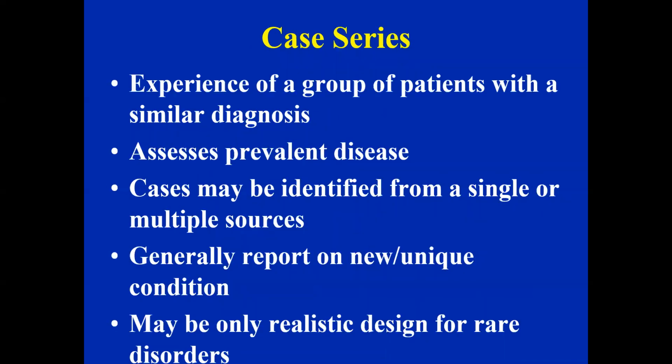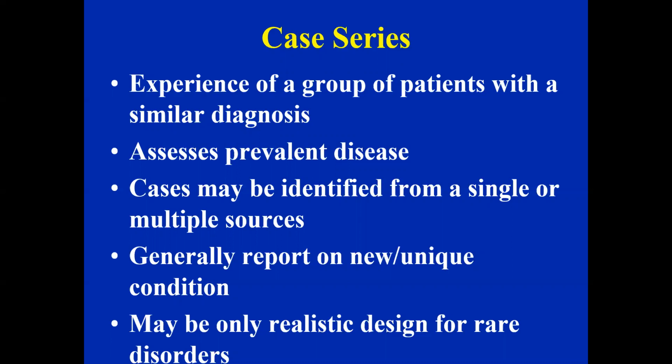Then from case reports, you go to case series. By case series, it means now you have more cases coming. So a case series is the experience of a group of patients with similar diagnoses. I gave the example of the efavirenz drug, and also the COVID cases.